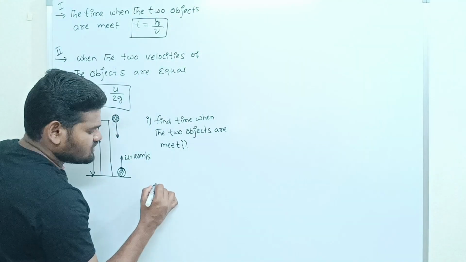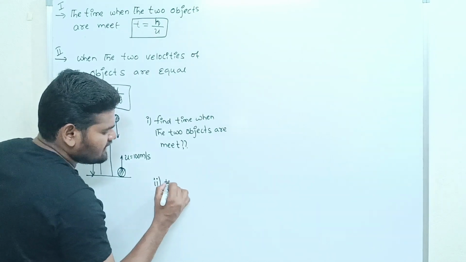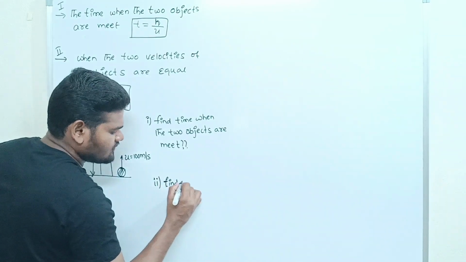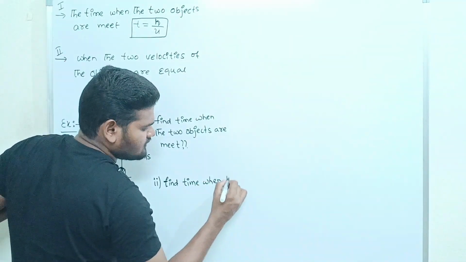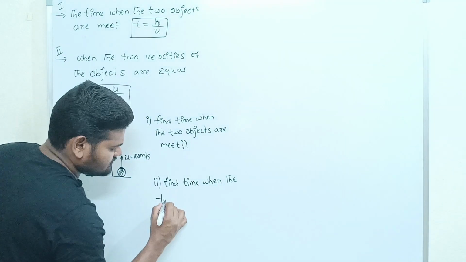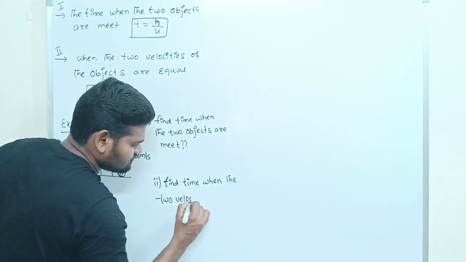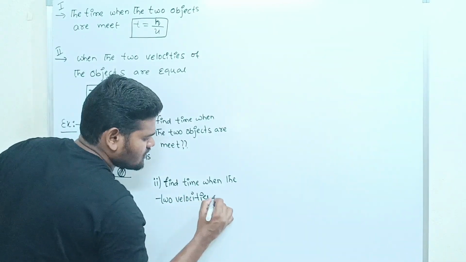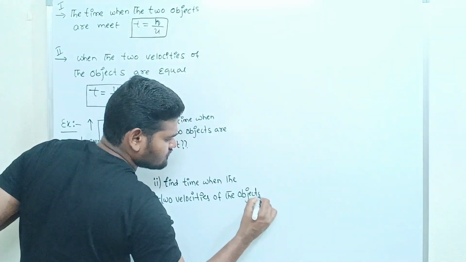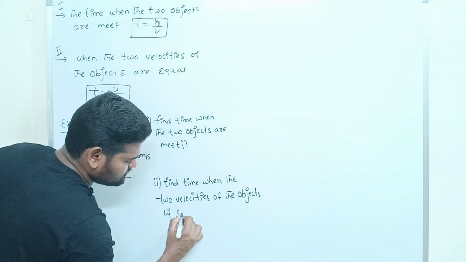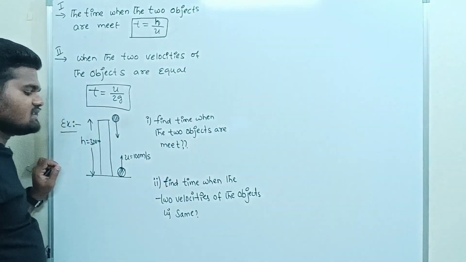The second question: find the time when the two velocities of the objects are the same.